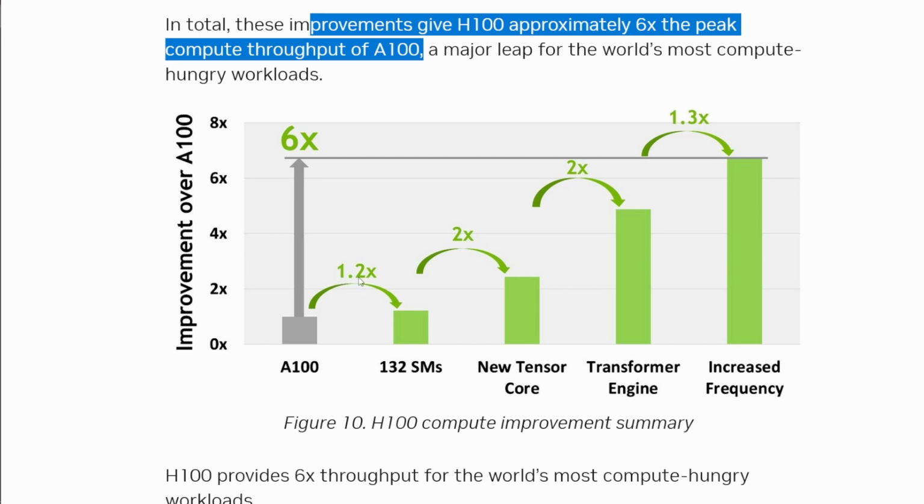This just gives you 1.2. And of course, you can increase the frequency. It gives you 1.3 times better performance. But it is interesting that the new Tensor cores, so the new matrix multiplications, the new powerhouse of linear algebra, and a specific dedicated transformer engine is really where you get this additional power.